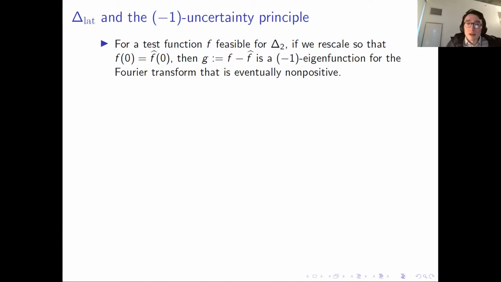We're going to take a test function that's feasible for the linear programming bound, and rescale it to push the sphere radius out. We're going to increase the sphere radius until the point where f of 0 equals f hat of 0. And then take f minus f hat, so that this is now an eigenfunction for the Fourier transform. That's a -1 eigenfunction, and it also satisfies the property that it's eventually non-positive.